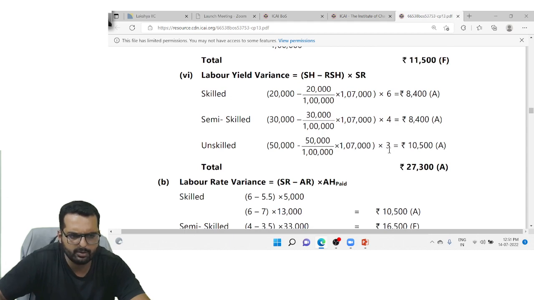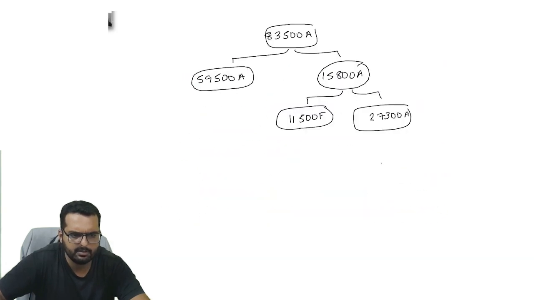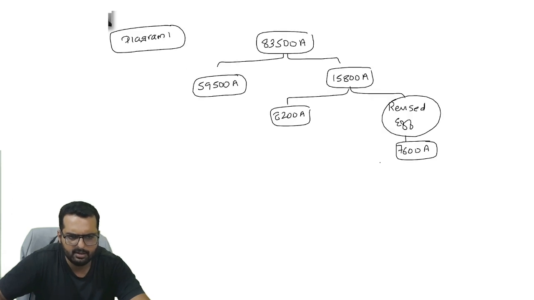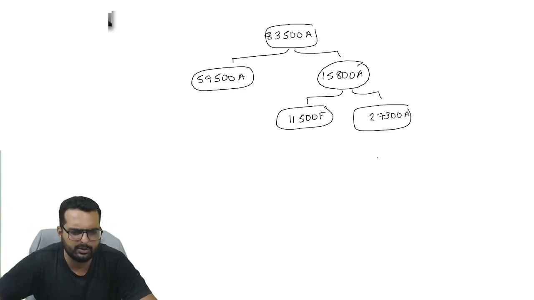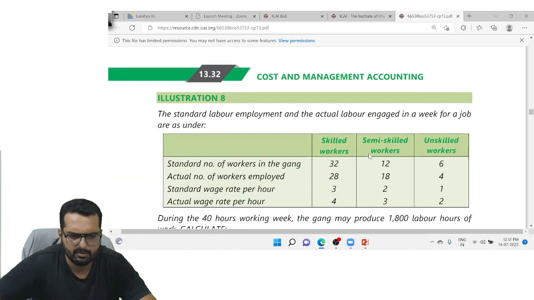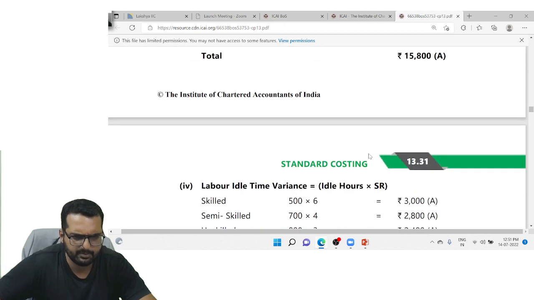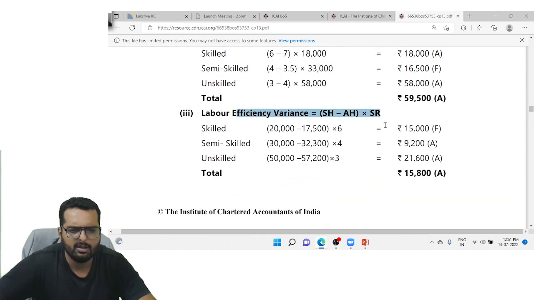Wait. What is 24,000? Mix is 11,500 and 27,300. Can someone please unmute yourself and tell me what is that 24,000? I didn't follow. Efficiency. Efficiency is 24,000, is it? 1 minute. Did I take it wrong? But here they have got 15,800.